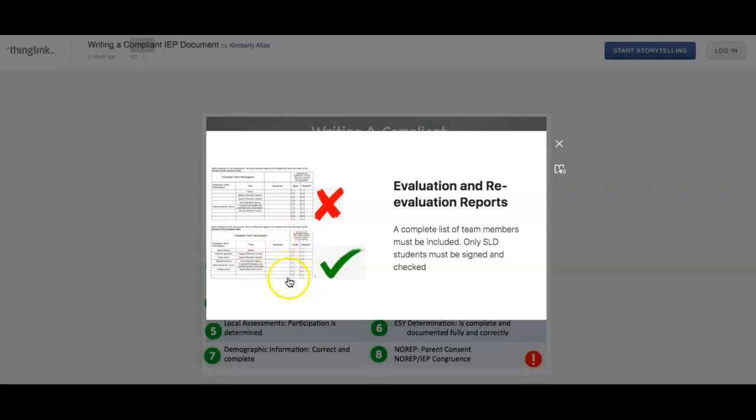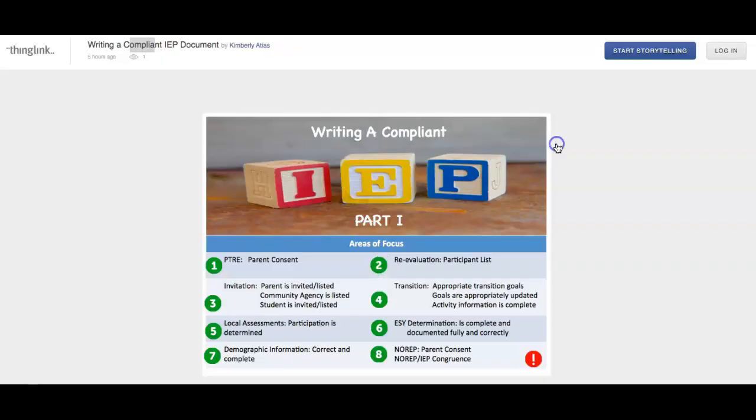Those are really the only times that we need to check agree or disagree, although I do know it's customary for participants to check agree or disagree pretty much across the board, but it is required for students with specific learning disabilities. So as you're creating these final documents for an IEP meeting, just make sure that you are listing all of the participants that are going to review the reevaluation or the evaluation report.